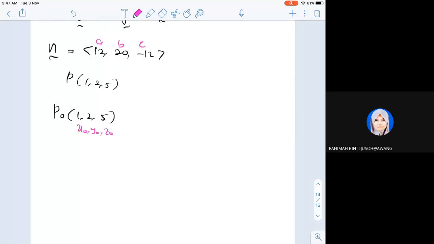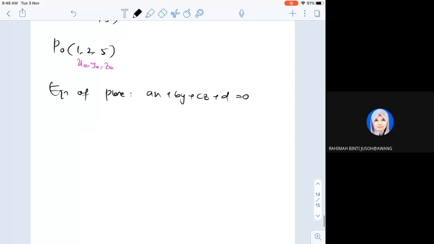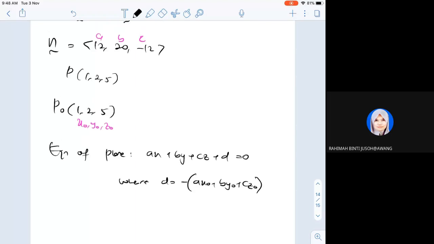Alright, so equation of plane, jom kita substitute. Equation of plane adalah AX plus BY plus CZ plus D equals to 0, where D equals to negative of AX naught plus BY naught plus CZ naught. Like this. So, gantikan je dalam formula ni. A is 12. So, 12X plus 20Y minus 12Z plus D equals to 0.